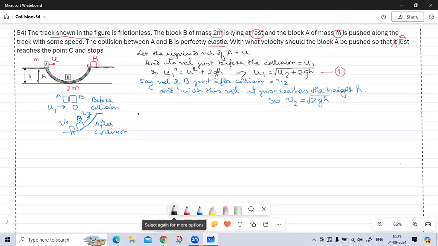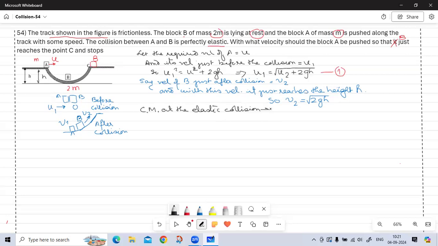Now coming to conservation of momentum at the perfectly elastic collision.